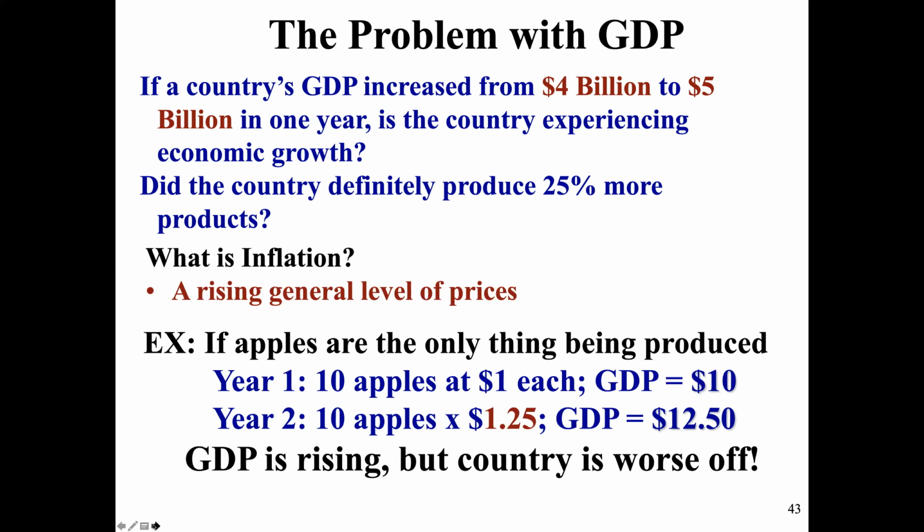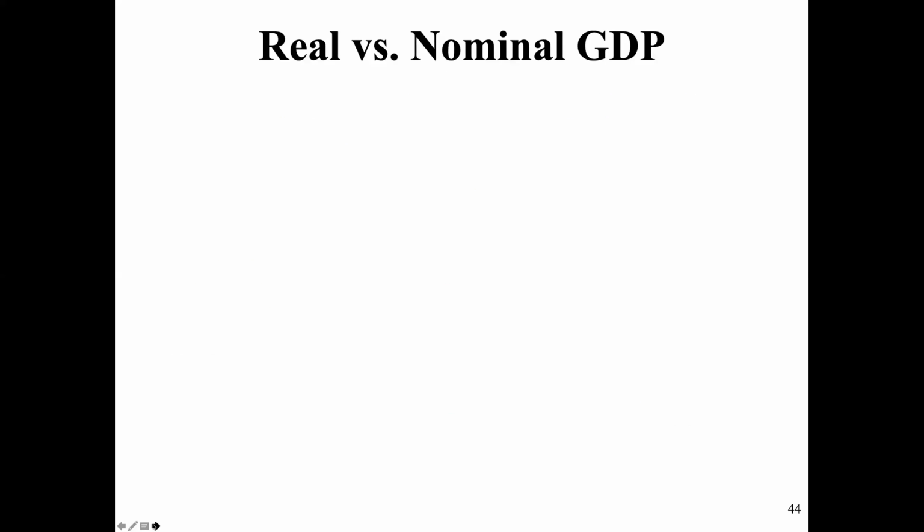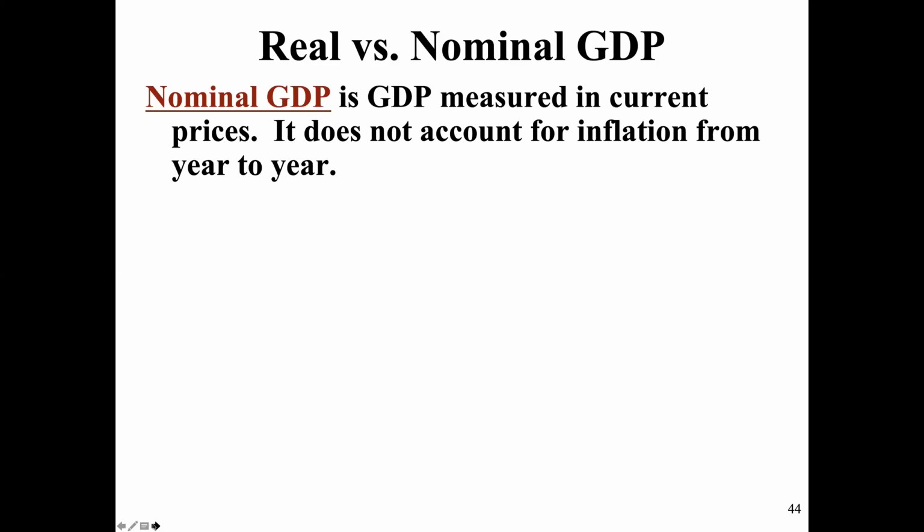Okay, so we need to adjust for inflation, and that's something called real GDP. Nominal GDP is measured in current prices. It does not account for inflation from year to year. So you simply add up all the goods, all the C plus I plus G plus XN, and you use whatever the current prices of those things are, and you've got GDP.